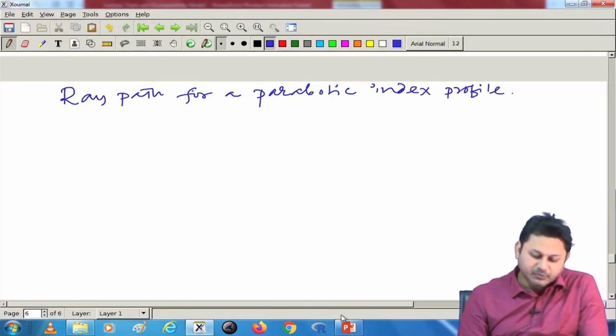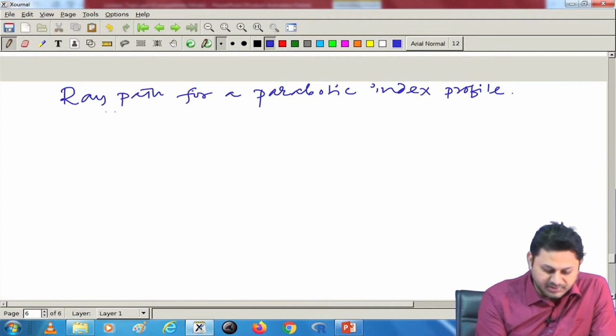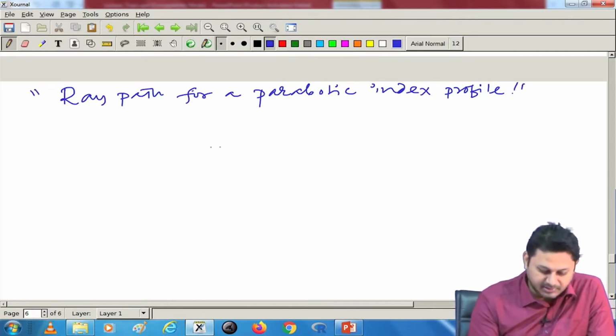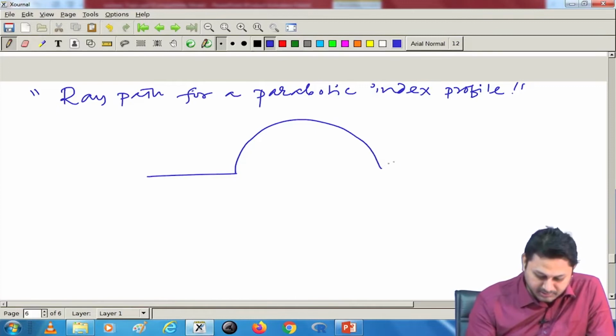This parabolic index profile is not new, I already introduced this in one of the previous classes, and the profile looks like this.